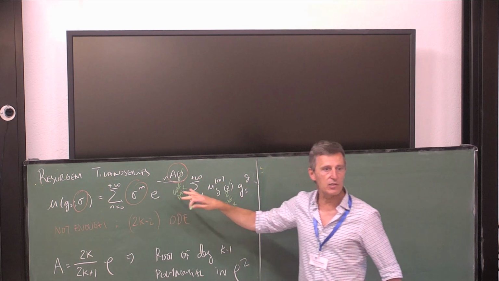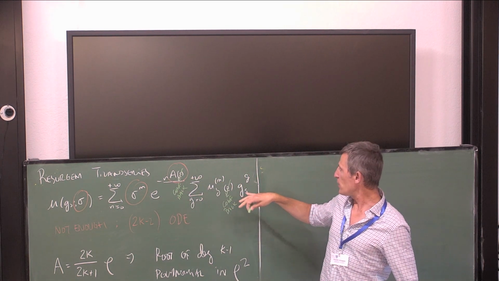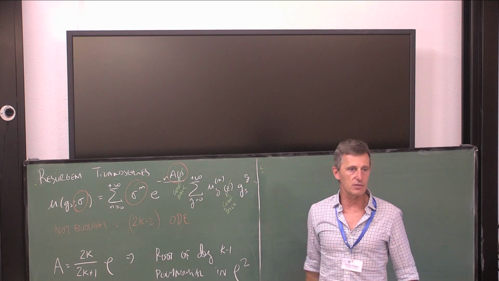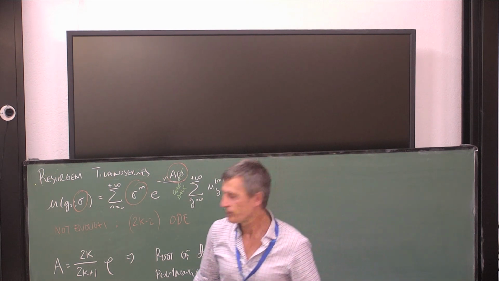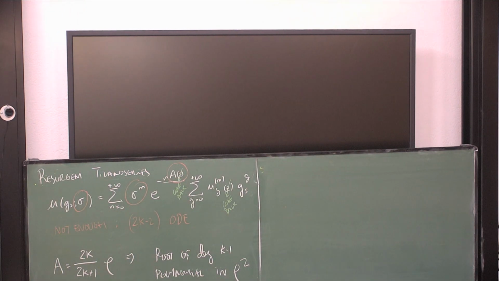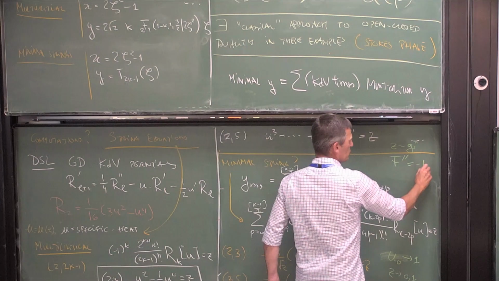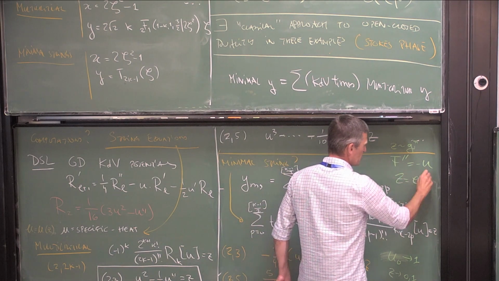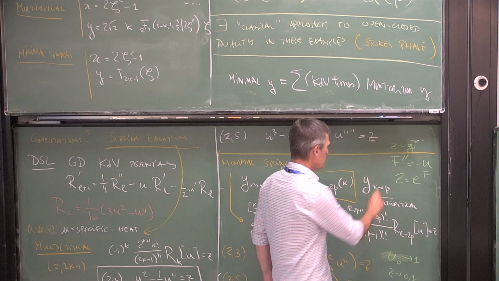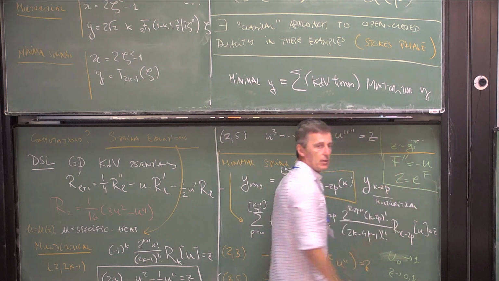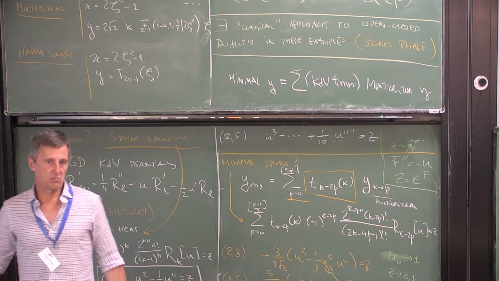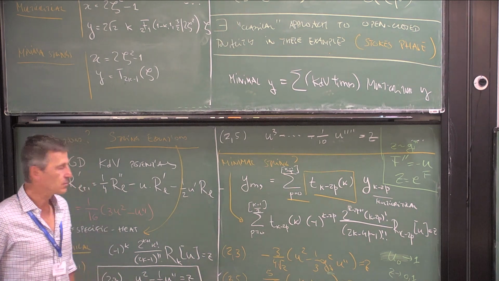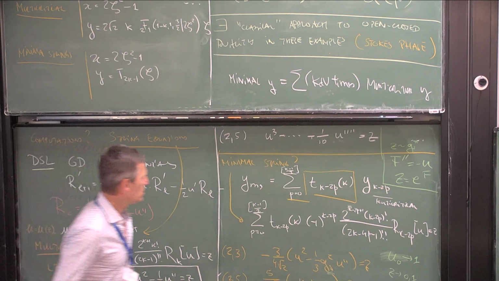And so everything is just going to be numbers, an asymptotic series in GS with number coefficients. And the specific heat is the analog of the partition function. So this is the specific heat, F double prime is equal to minus U, and Z is the exponential of F. Okay, so sorry about that. Is that clear? I should have said it.